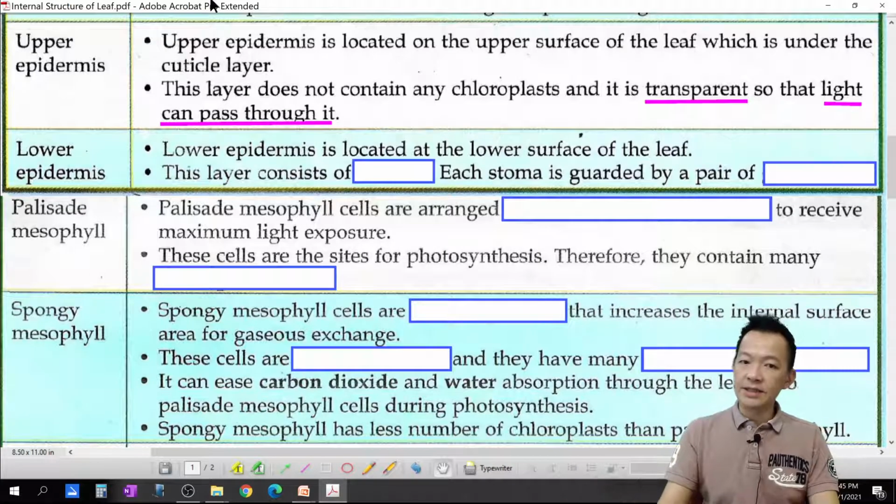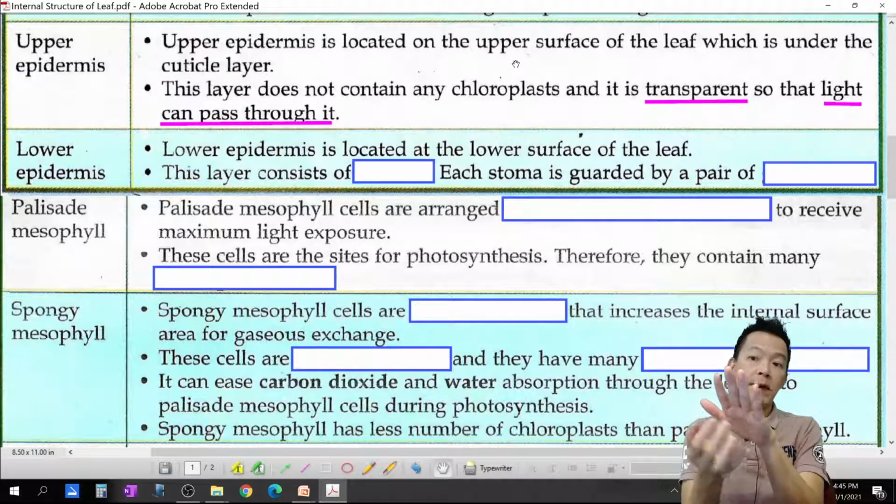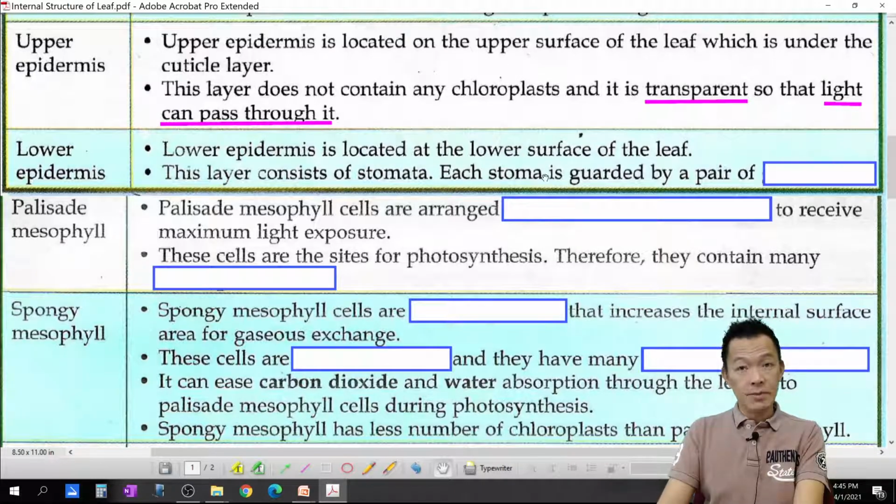Lower epidermis, the function is actually the same as upper epidermis, but normally not for sunlight. This layer normally contains more stoma. Upper epidermis also has stoma, but the quantity is less, so here it is more. It consists of stoma, stomata, and each stoma is guarded by a pair of guard cells.